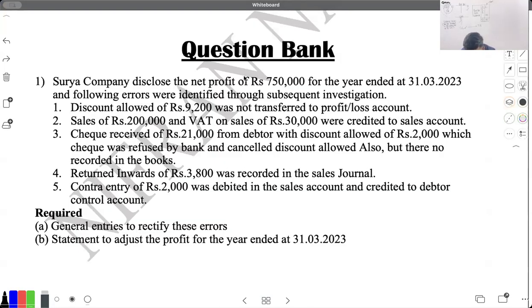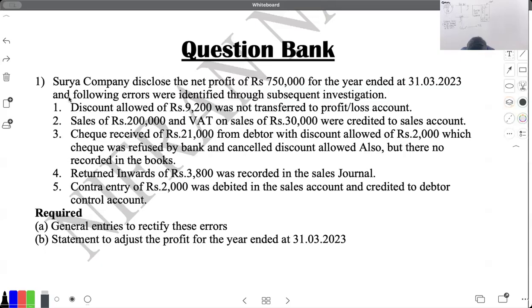Now they have given us the profit too, right? If profit is given, the examiner will ask you to correct the profit. Can you see? Adjust the profit for the year ended 31st March 2023. Why do we need to adjust it? Because the profit given in the question is wrong. Why is it wrong? Due to the following 5 errors.